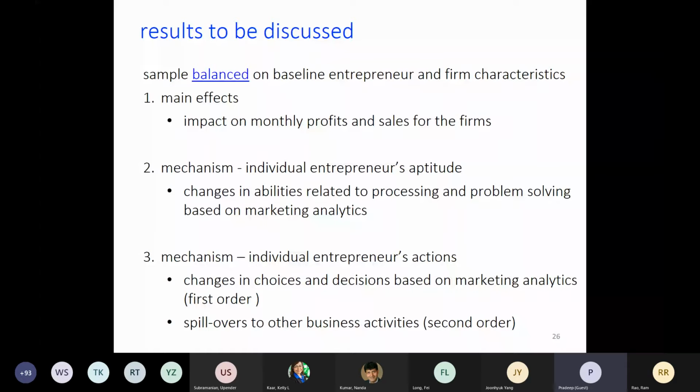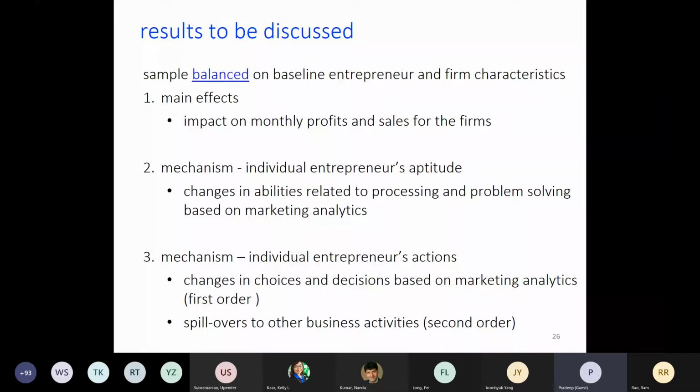Okay, so let me show you some results. Essentially, I want to show you three sets of results. One is the main effects of what we found. Remember, at the beginning we know the profits and sales of these firms. Then they use the app.